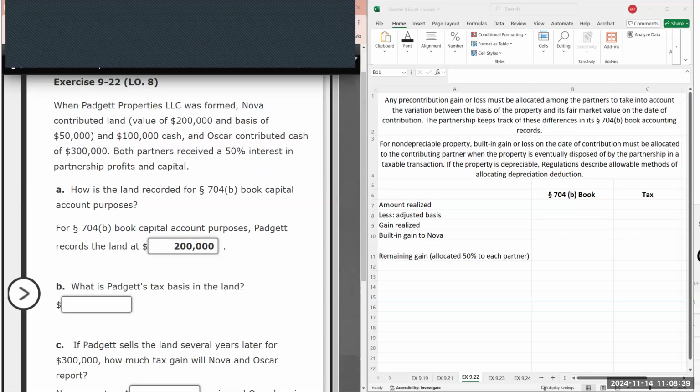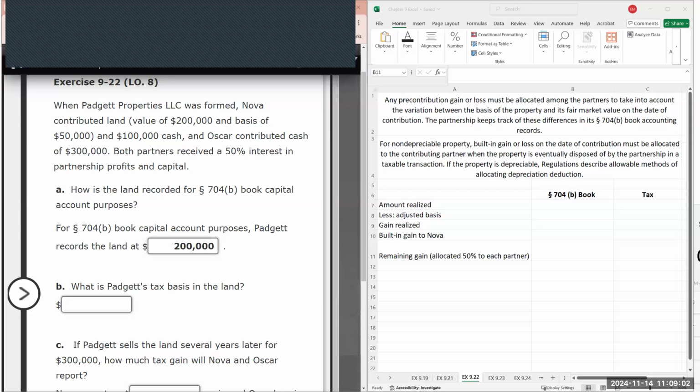Now we move on to part B. And part B is asking, what is Paget's tax basis in the land? My apologies. So for A, Paget's book basis is essentially going to be recording it at the fair market value, which is the 500,000.